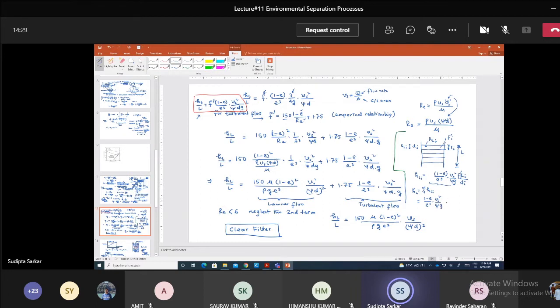Now you have to have the summation of F dash i Li by Di. Okay. So when we have a stratified bed, your total head loss is given by this. Okay. So we will utilize this particular form when solving this equation.